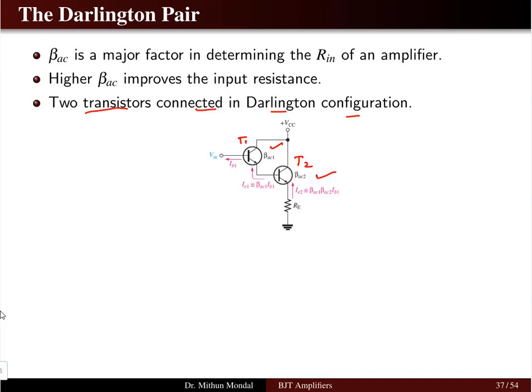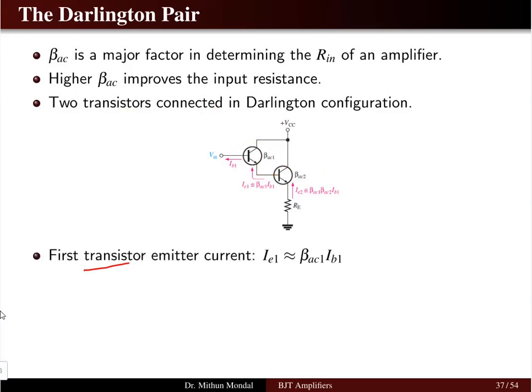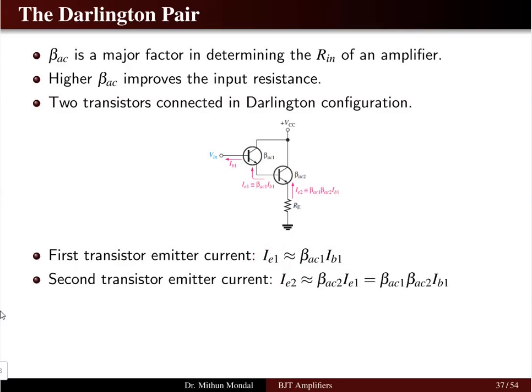In this connection, the emitter output of the first transistor is connected to the base of the second transistor, and the collectors of transistor T1 and transistor T2 are given the common supply. Here the first transistor emitter current is equal to beta AC1 multiplied with the base current of transistor 1.